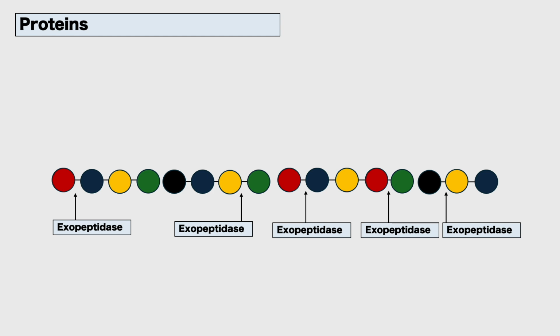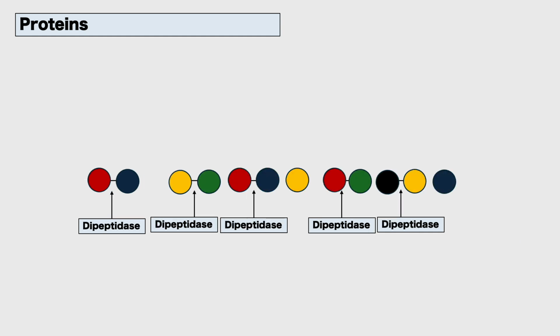In this way, they progressively release dipeptides and single amino acids. Dipeptidases hydrolyze the bond between the two amino acids of a dipeptide. Dipeptidases are membrane-bound, being part of the cell surface membrane of the epithelial cells lining the ileum.